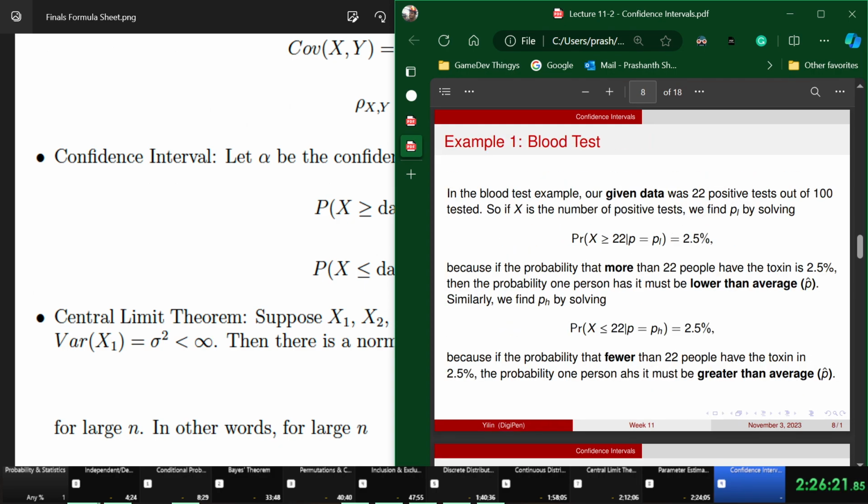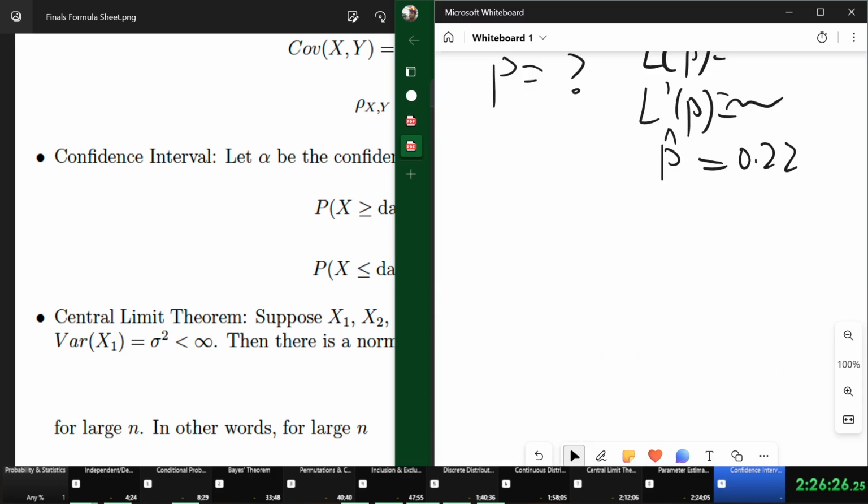We've got this, which was what we observed. Okay, our observed data was this. We observed and we counted 22.